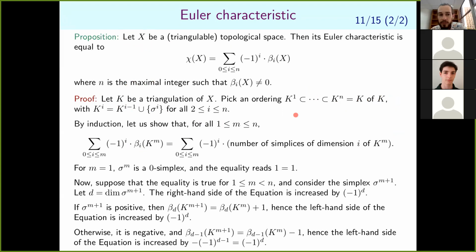We will show that by induction, for every m, the alternating sum of Betti numbers is equal to the alternating sum of the number of simplices. So by induction, we start with m equals 0, I should say.